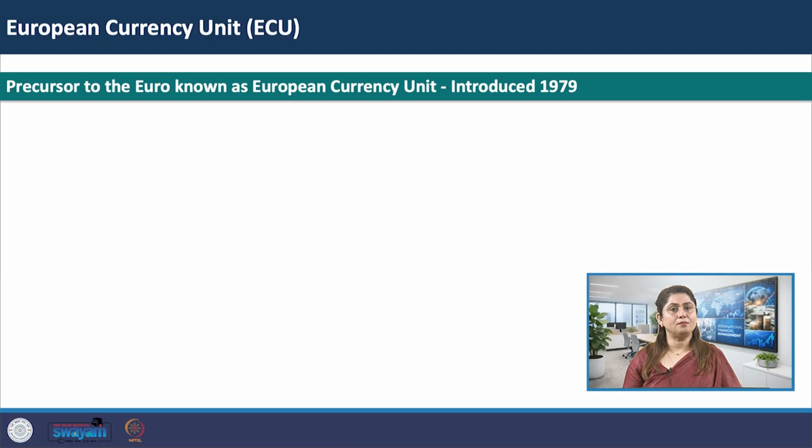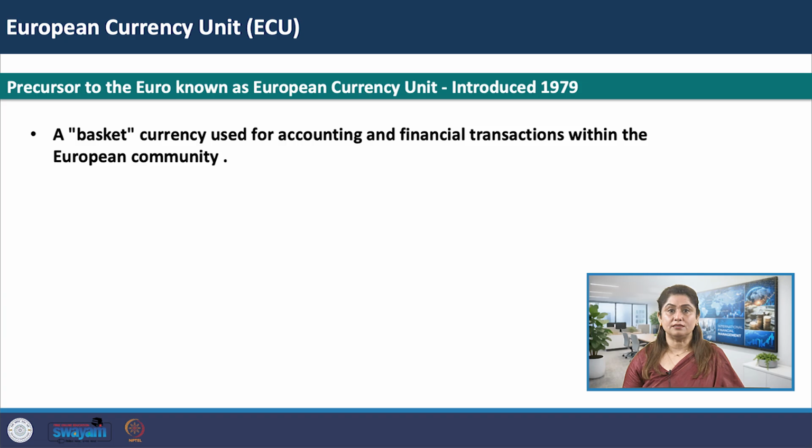Within the European Monetary System, something interesting happened. European countries created a new currency that didn't belong to any single nation, the European Currency Unit, or ECU. Think of the ECU as a precursor to the Euro. What was the ECU?